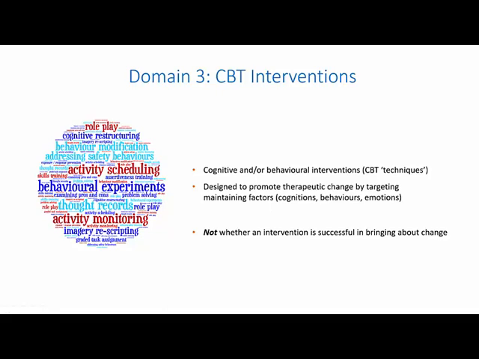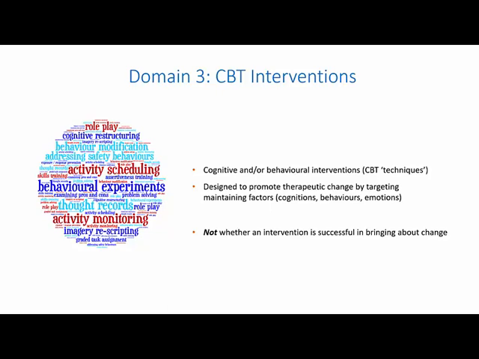This is a fairly large domain called CBT interventions that actually includes 5 different items. So what we're talking about here is cognitive and or behavioural interventions, what we might call CBT techniques. So these items are thinking about the selection and application of these different CBT techniques.